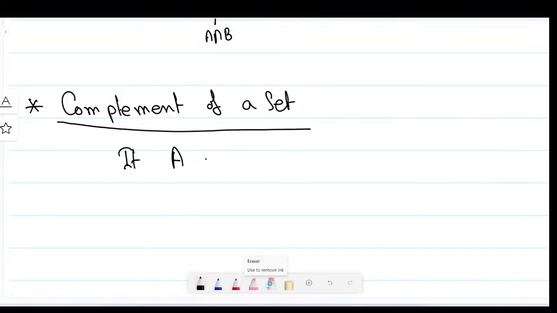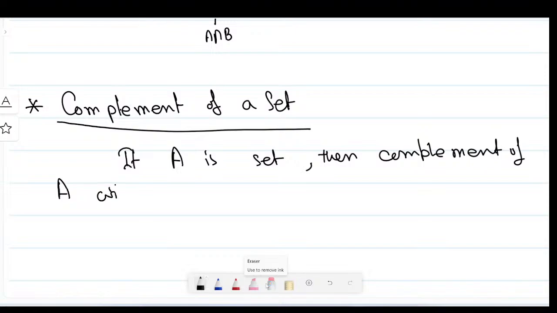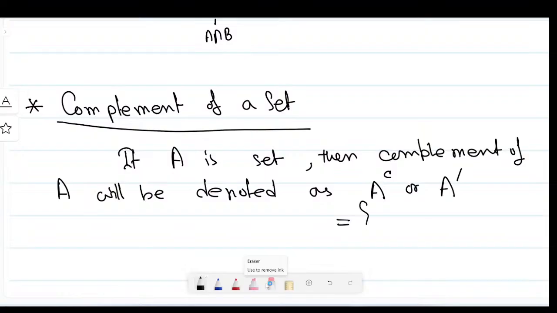If A is a set, then the complement of A will be denoted as A superscript C, or in many cases it is written as A dash, and the set will be just the universal set minus A.